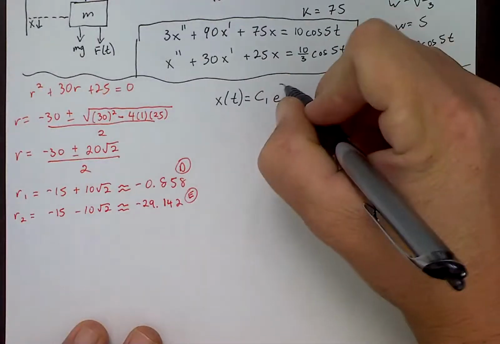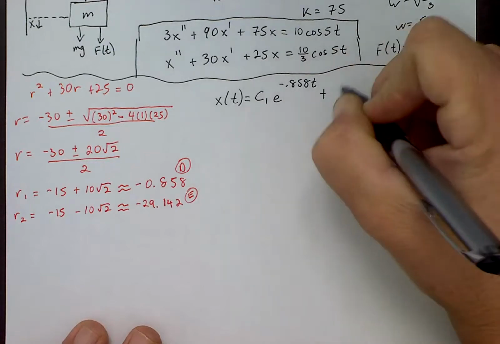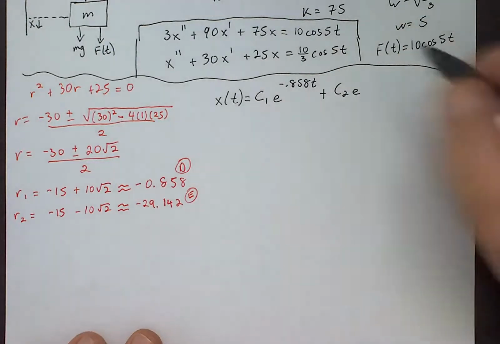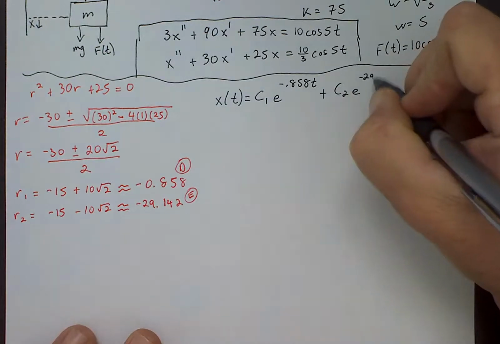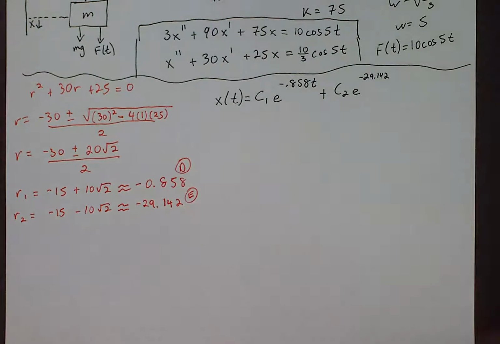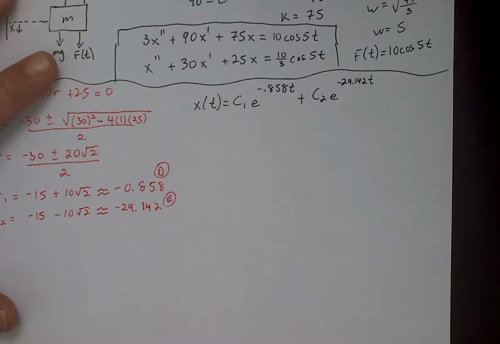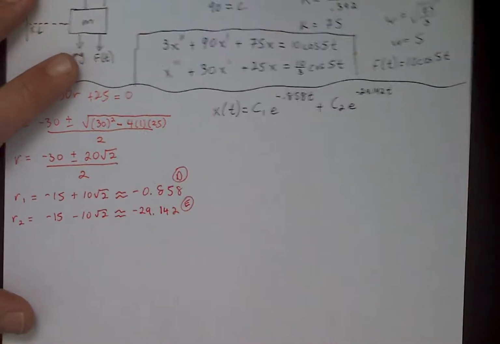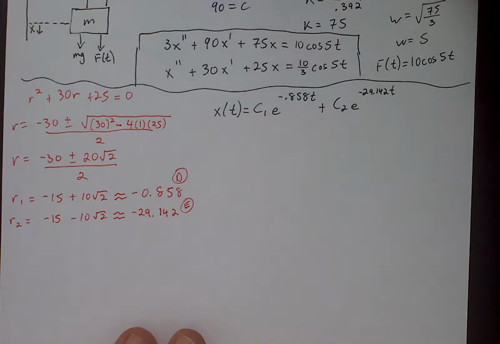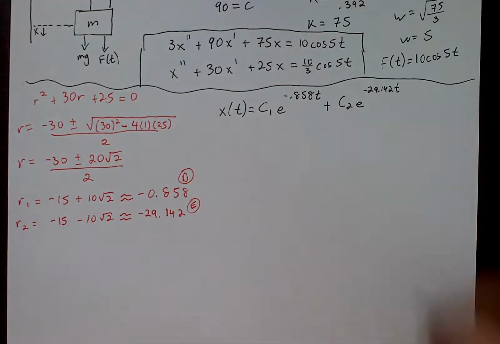I'm just going to write the decimals for now. And then add your xp of t at the end.